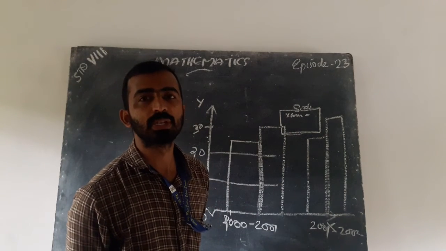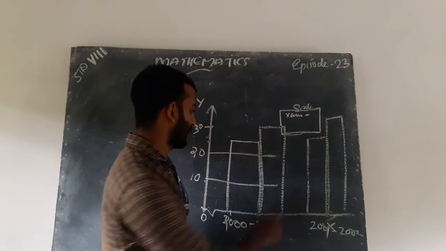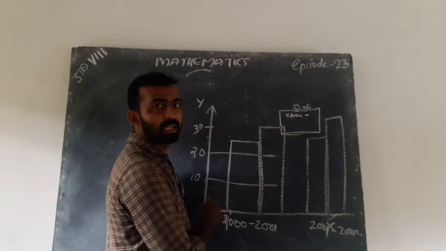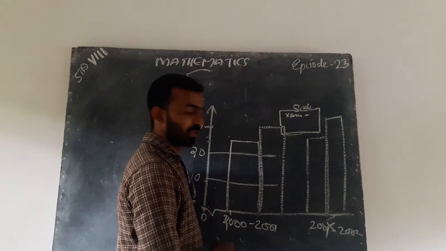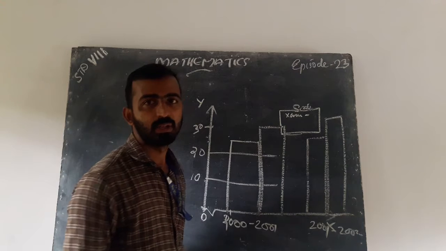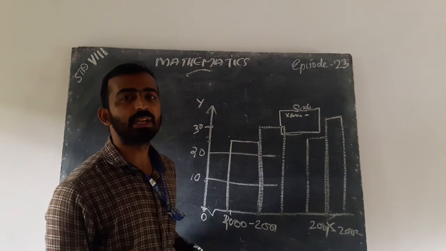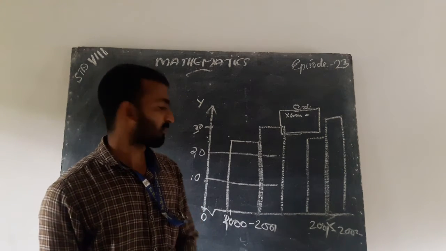Here we didn't take the information, so here we break the axis. This means we didn't take the information for that period.